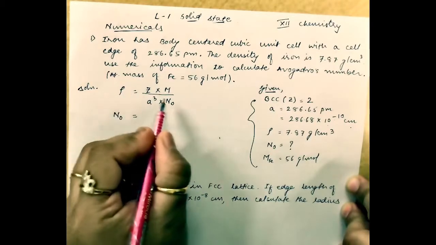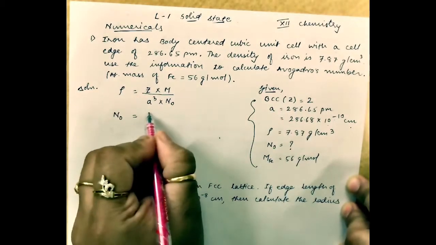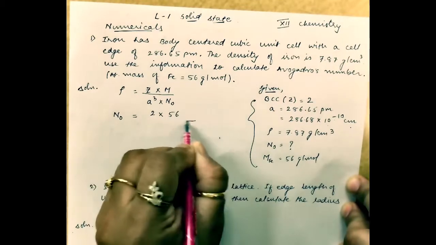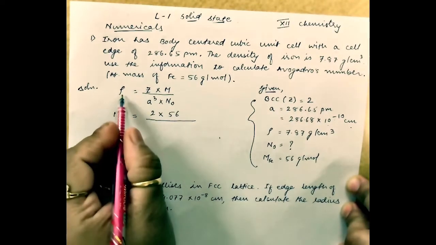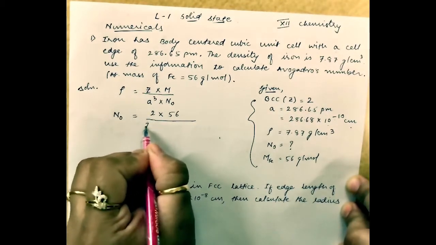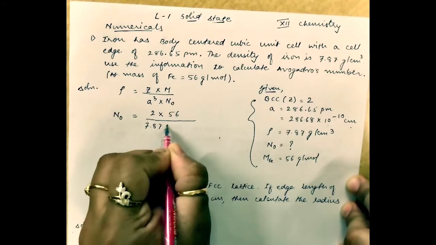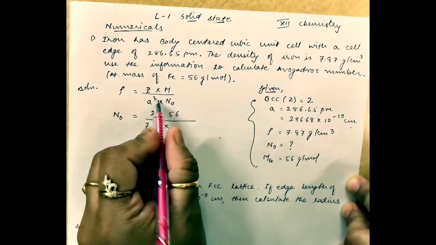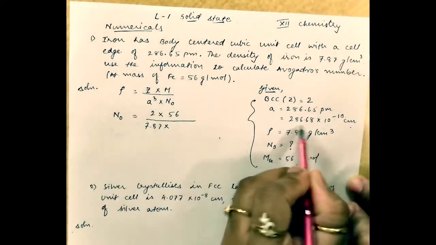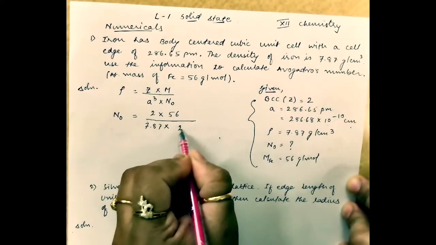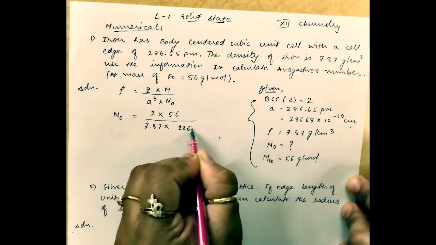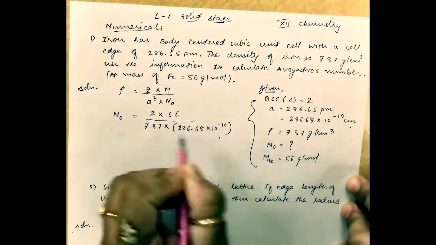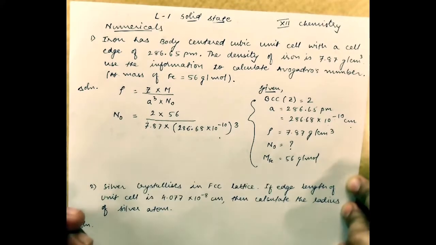So let us find out Avogadro number. Let me take the density here in the denominator. So Z is 2 into molecular mass 56, divided by 7.87 into A cube. What we have right now is only A, so it is 286.68 into 10 to the power of minus 10, and it is the cube of that.